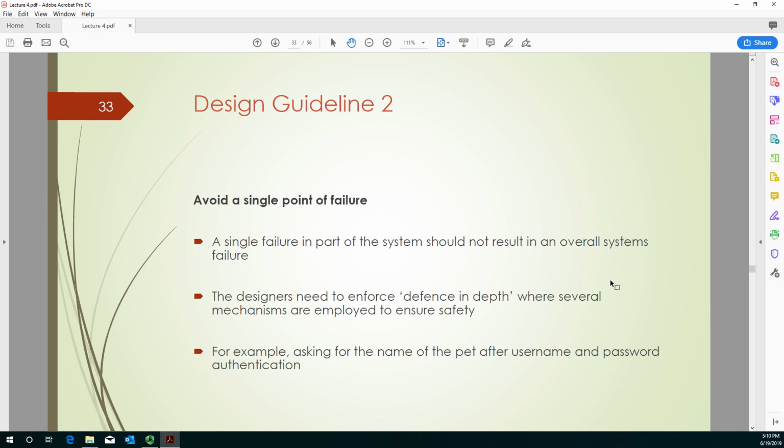Avoid a single point of failure. If there is one gate that is broken, and once you break the gate the enemy can get in, then it's not a good situation, right? I used to study Roman history a lot, especially the medieval history. During medieval times, to get into the fort, they would have a first layer of wall and a gate associated. If you break into that wall, then you would have to cross a stream.